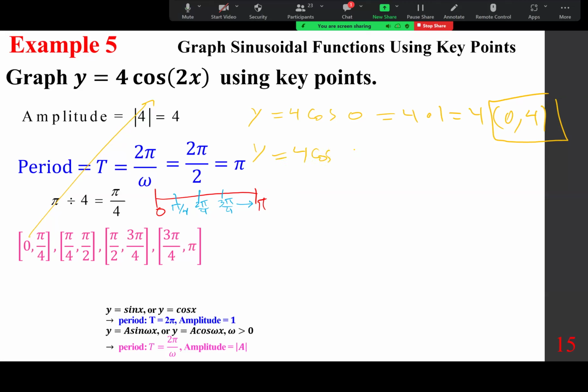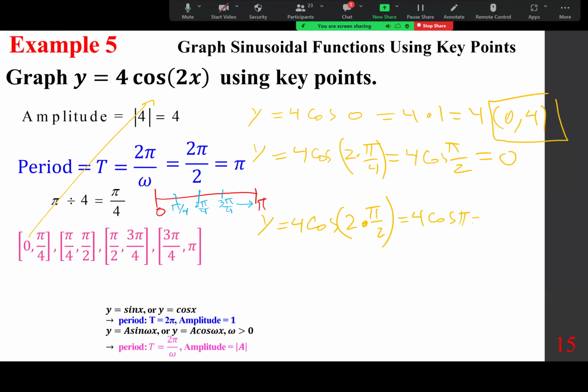The second one is pi over 4. 4 cosine of 2 times pi over 4, which means 4 cosine of pi over 2. You know, cosine of pi over 2 is 0. 4 times 0 is 0. So we got pi over 4, we need pi over 2. Y equals 4 cosine of 2 times pi over 2 makes it 4 cosine of pi.